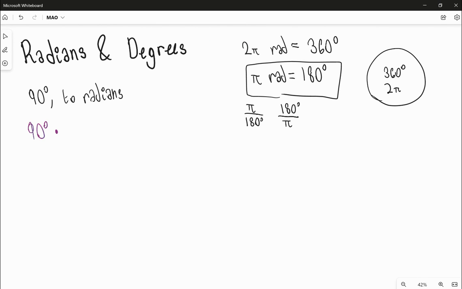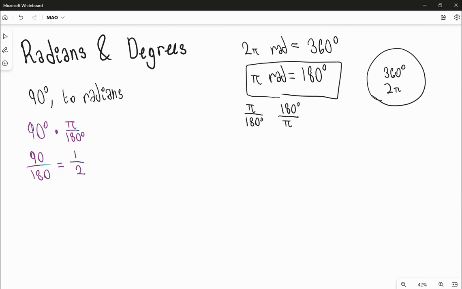So using that, we can just go ahead with the ratio. Pi over 180 degrees. So 90 divided by 180 is equal to 1/2, because it's 9 over 18. 9 to 18 is 1/2.